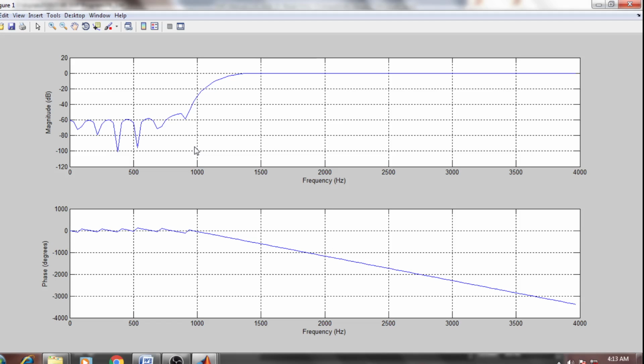Similarly, in terms of phase, there is no phase signal in the stop band, and in the pass band the signal phase is decreasing.